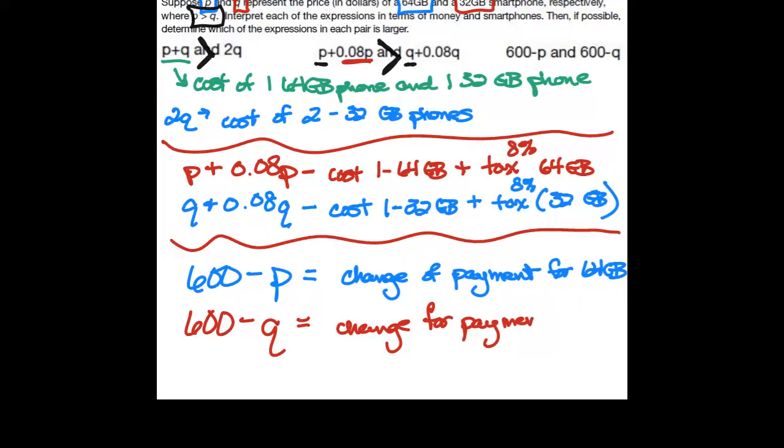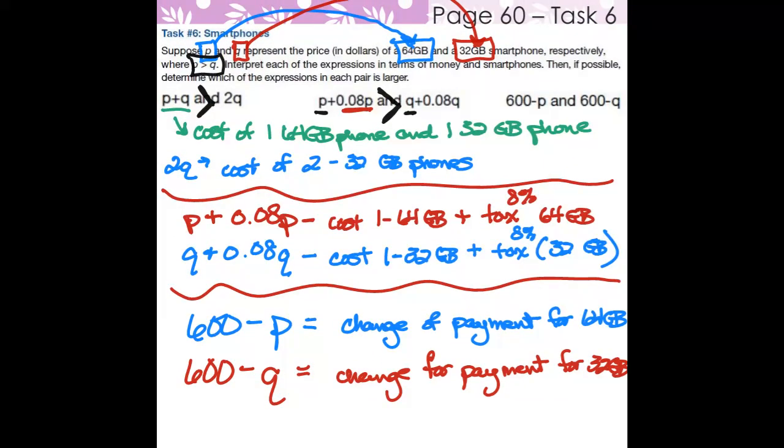So you are paying them $600. We still don't know what the prices are, right? Okay, so if we're now talking about the change, which is going to be larger, 600 minus P or 600 minus Q? Yeah, so what inequality sign would I use there?